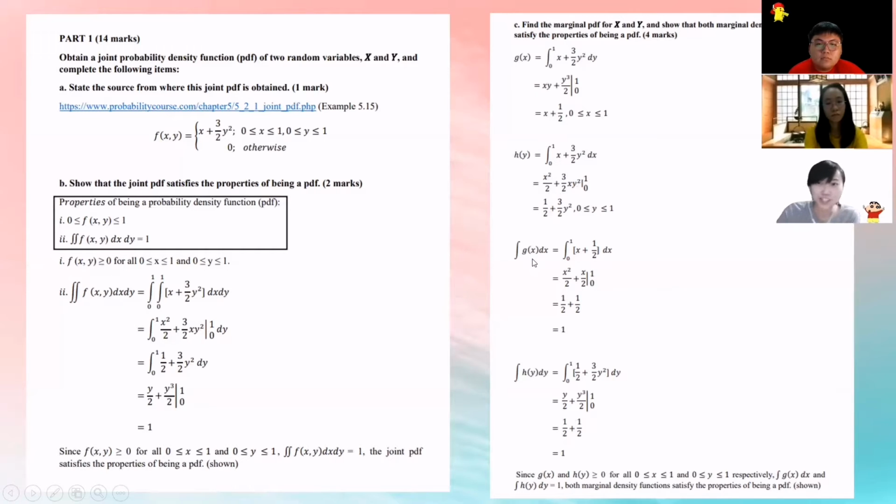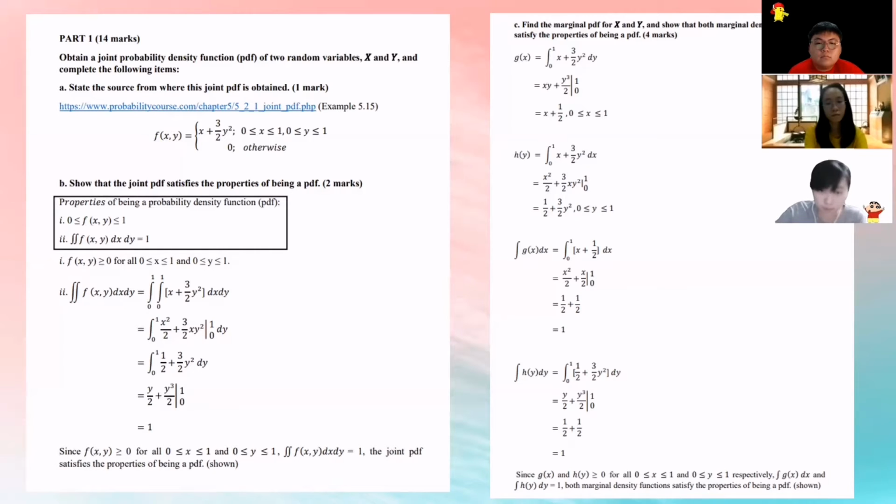We already showed that the answer equals 1. So when we integrate gx with respect to x, we can get 1 over 2 plus 1 over 2, which is equal to 1. And the same goes for when we integrate the marginal function of y with respect to y.